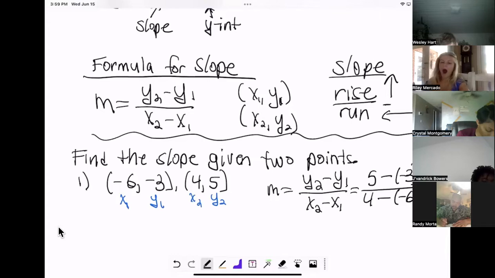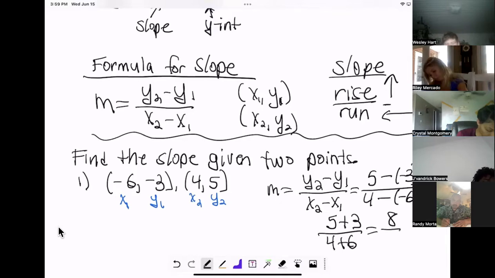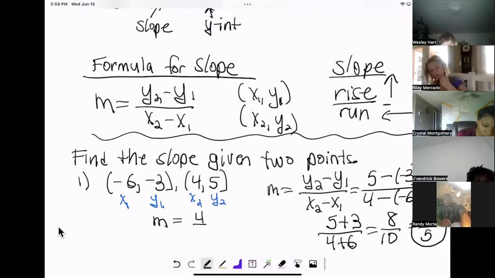So honestly, I really have 5 plus 3, because minus and negative is a positive. And the denominator, I also have positive, minus and negative is a positive, 4 plus 6. So my slope's going to be 5 plus 3 is 8 over 10. But I can simplify that by dividing both of them by 2. So the slope of this line is going to be 4 over 5.